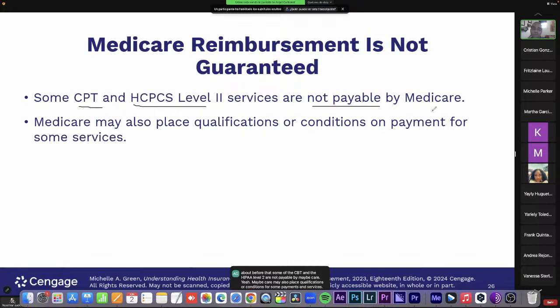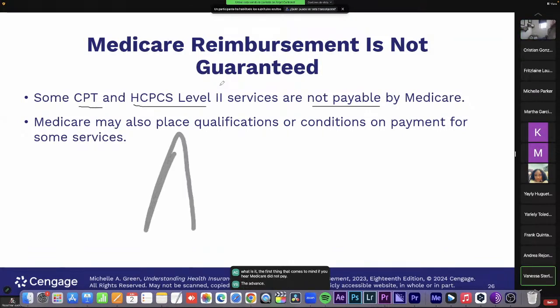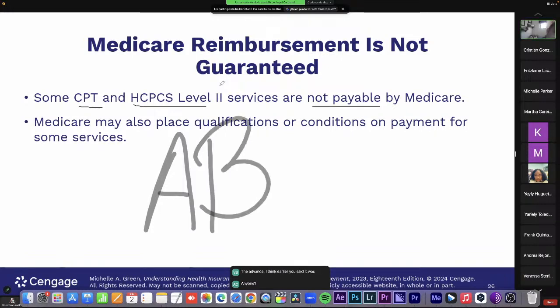So, if we get to the point that something is not paid by Medicare, what is the first thing that comes to mind if you hear Medicare did not pay? The advanced beneficiary notice, I think earlier you said. Yes, that's it.